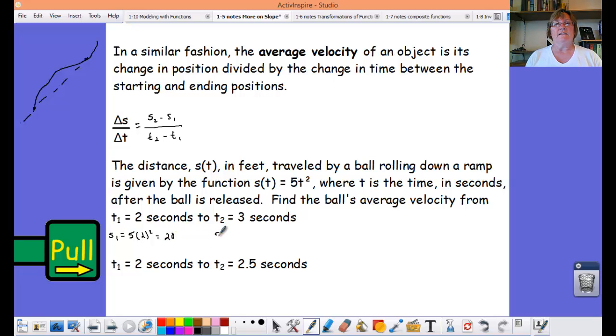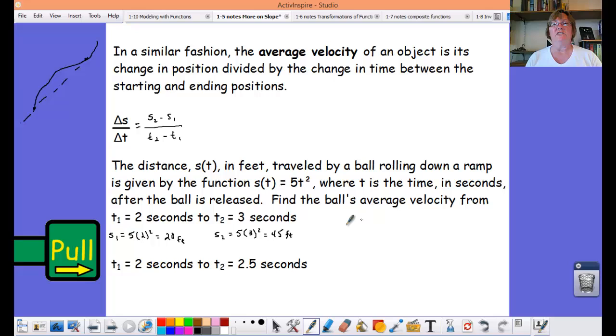Its position at the second time, you're following the same rule, but this time the time we're interested in has changed to 3 seconds. So 5 times 9, 45 feet from the initial position.